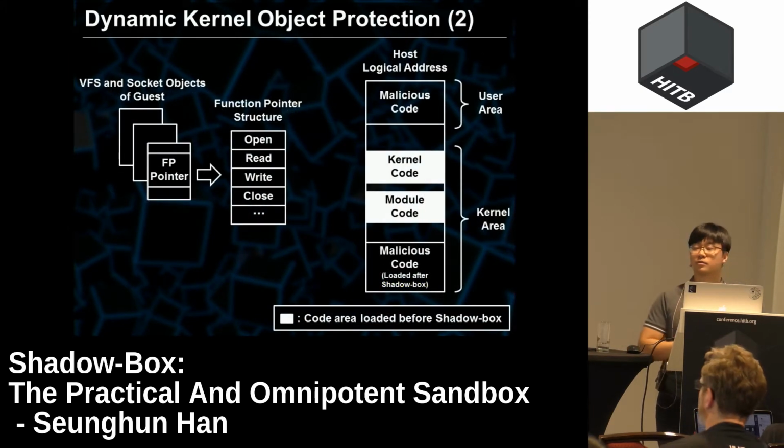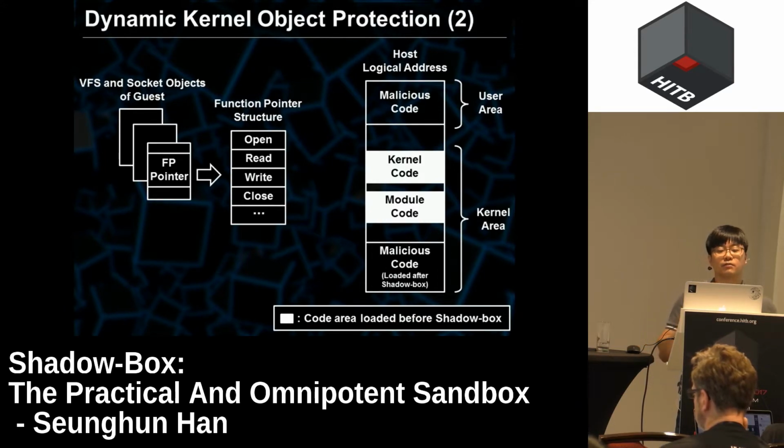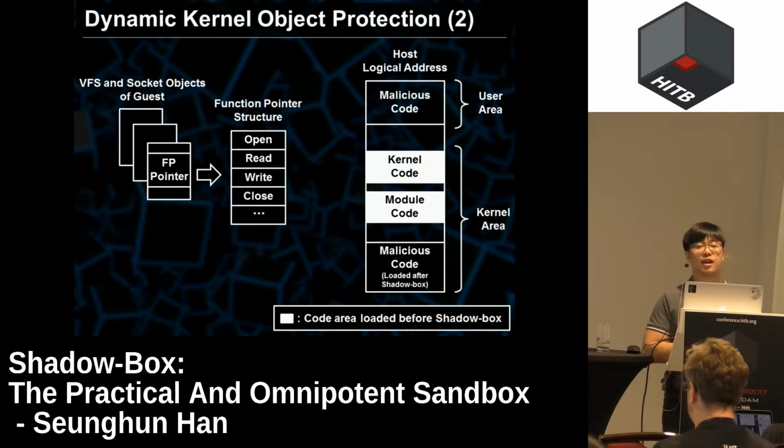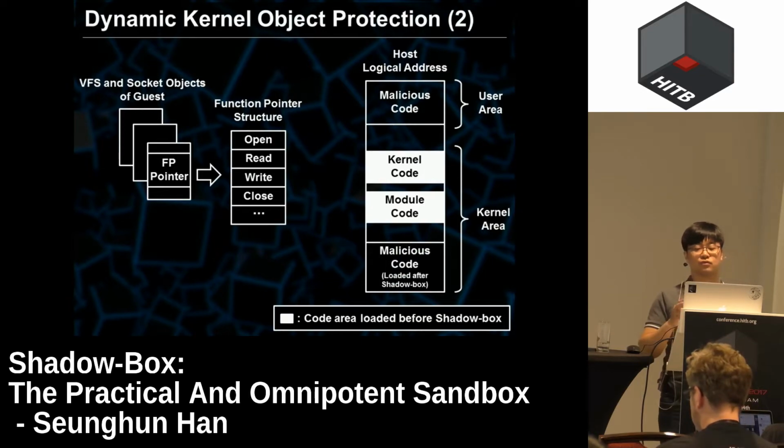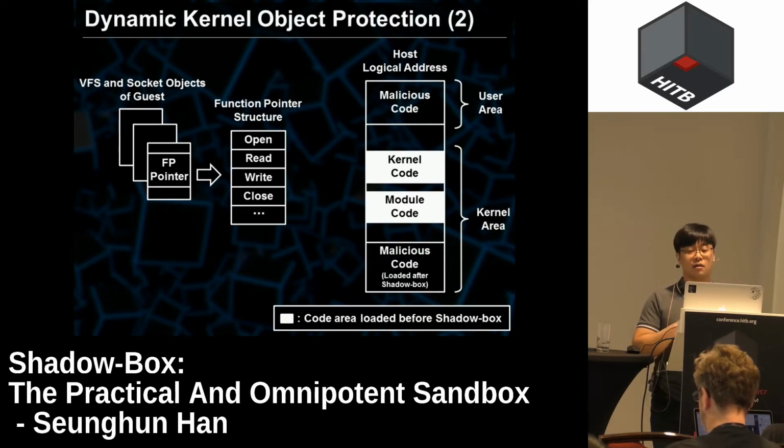Function pointers could also be dynamic kernel objects, and rootkits modify them to hide themselves and do malicious behaviors. To protect function pointers, Shadowbox checks periodically whether they point to the valid kernel address space or not.